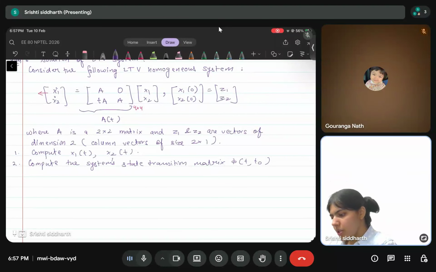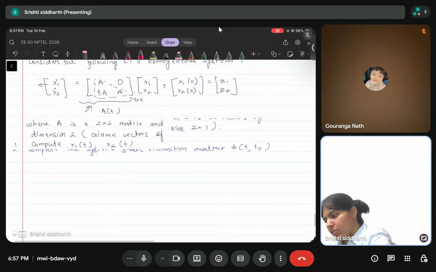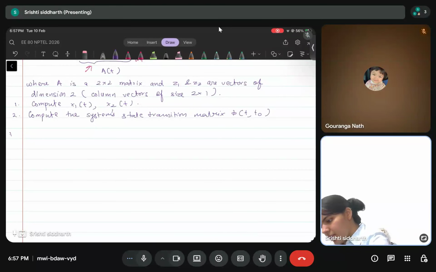Okay, so observe that the time varying matrix A is lower triangular, right? Alright, so let's see if we can use this to compute x1 and x2 by decoupling the two states.